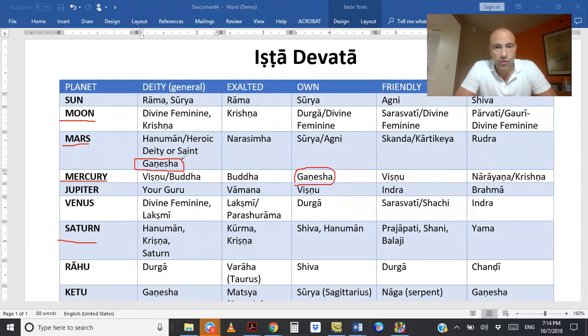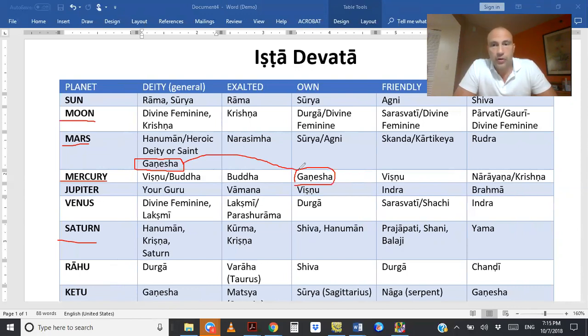So that's a possible connection. In fact, you can even make a case for Ganesha with the Moon, although a stronger case would be with Mars or Ketu or Mercury. So immediately you can suggest perhaps a connection with Ganesha.